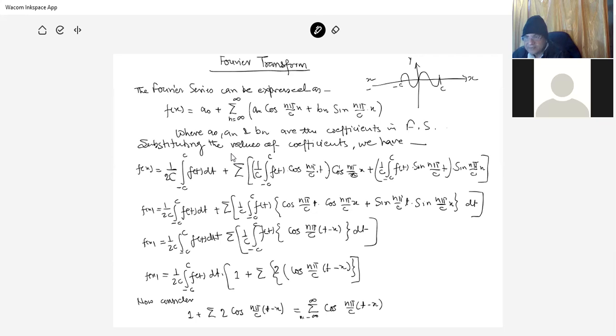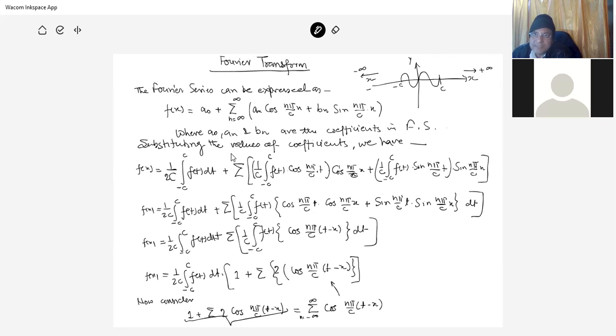So what is the meaning? If you are expanding this, here it is plus infinity, and here it is minus infinity. So you are taking from minus infinity to plus infinity, so the whole expression is included in this case. So we can write this value in the above equation.